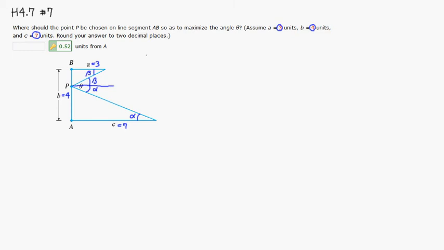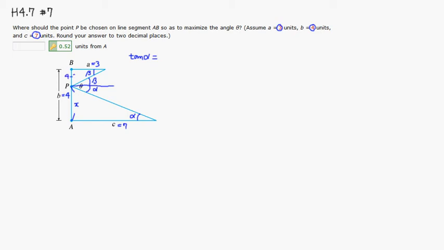All right, so let's try to involve alpha. We can look at the tangent, for example, of alpha. Tangent is opposite over adjacent. I'm going to call this side x, so of course 4 minus x would be right here.